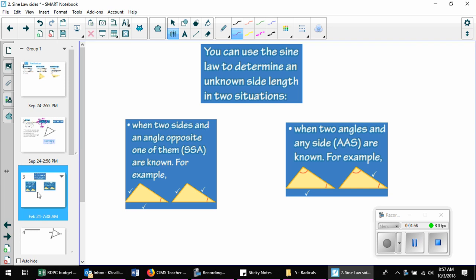I can't use the Pythagorean theorem as well. The Pythagorean theorem is only linked to 90 degrees. So Pythagorean theorem is out the window, and those basic trig formulas are out the window, unless you have a 90-degree angle. And then you can do it again when you have two angles and one side, so angle, angle, side. You'll figure it out. It will work.